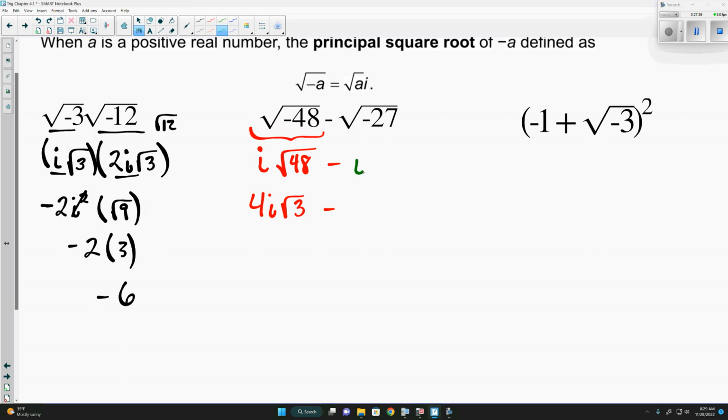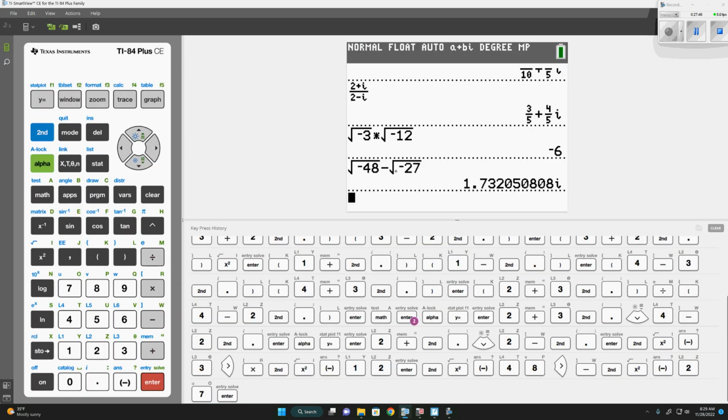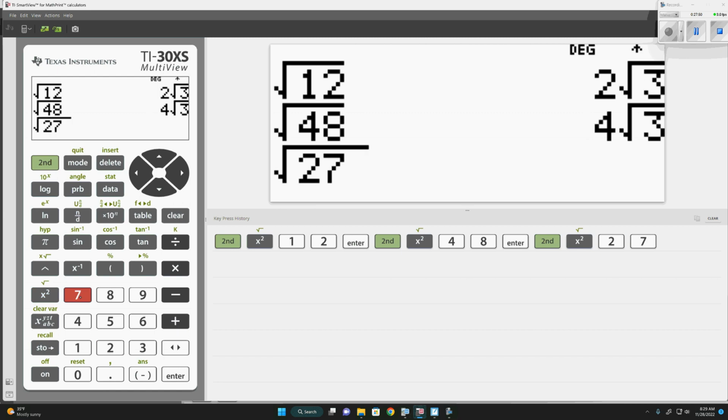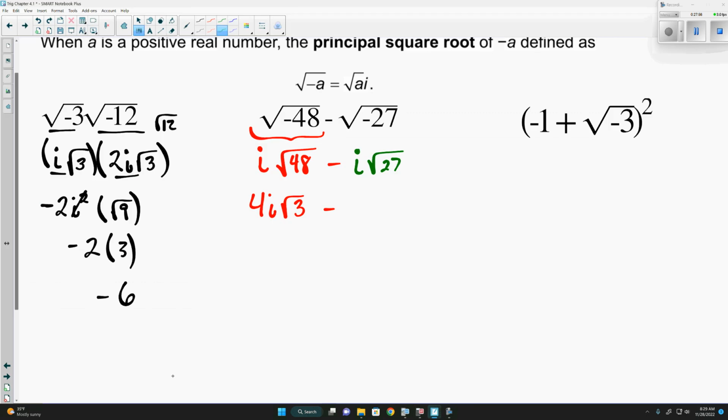Well, we know the negative is going to come out as i, leaving us with the square root of 27. Now in the calculator, we can do the same thing. Take the square root of 27 and see that it's 3 square root of 3. So that tells us that we have 3i square root of 3.